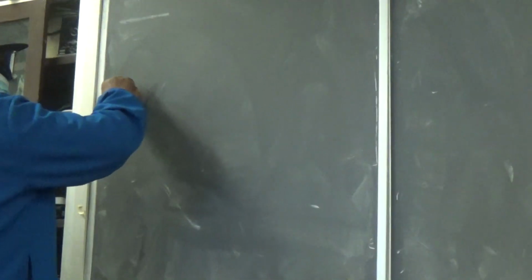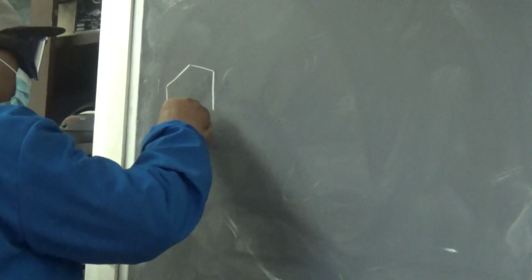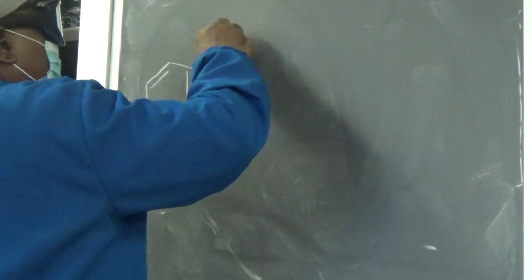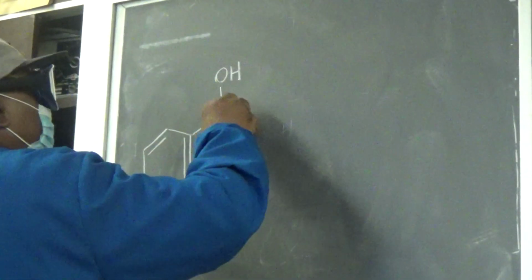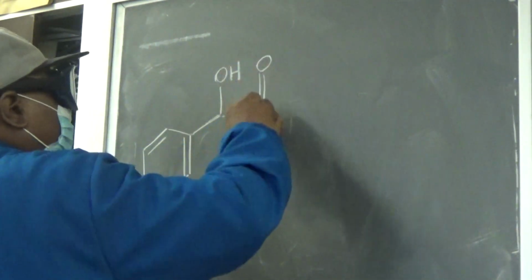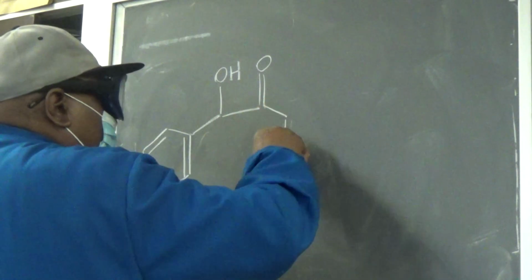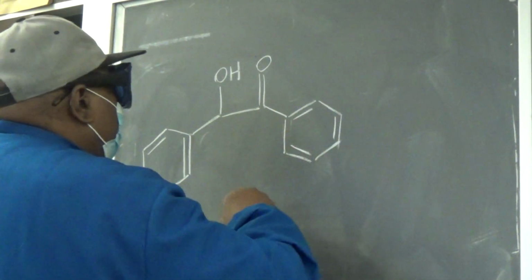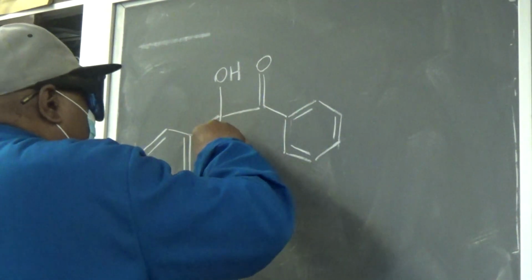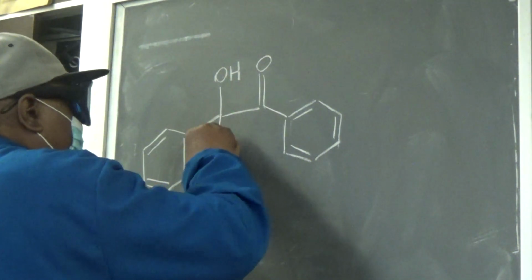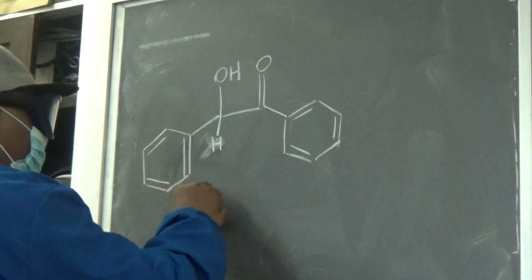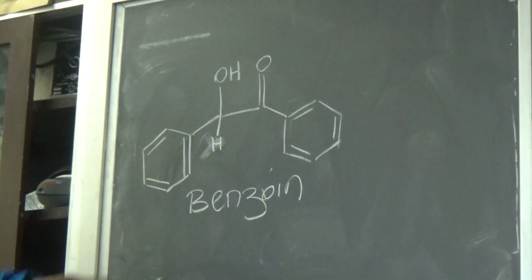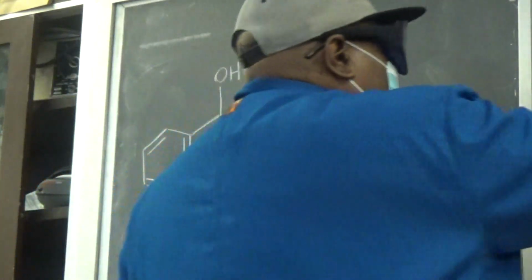I will move on to a molecule. I will start with benzoin. Benzoin is a secondary alcohol, and you are doing just a partial oxidation of that. And here is the product.